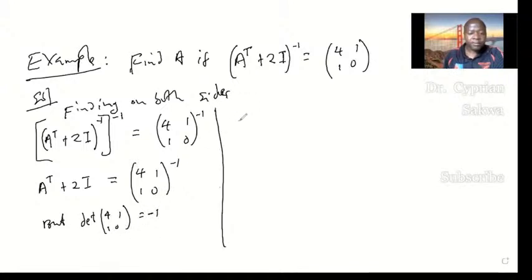So the inverse of 4, 1, 1, 0 is 1 over the determinant times the adjoint. We reverse the diagonal and change the signs of the other entries, negative 1, negative 1. Multiplying through by negative 1, this inverse is 0, 1, 1, negative 4.